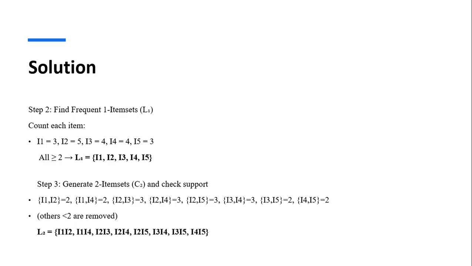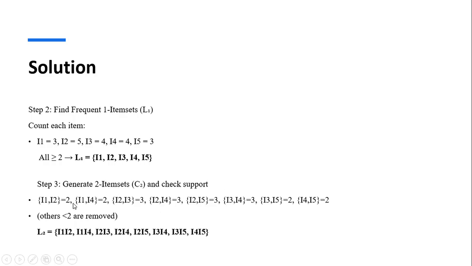Over here also we have to check only those item sets which have the frequency count of at least 2, the remaining we have to remove. So L2, the next item set, we have formed only with those combinations satisfying the minimum support count of 2. Over here you can see I have included only those item sets having the frequency count of at least 2.